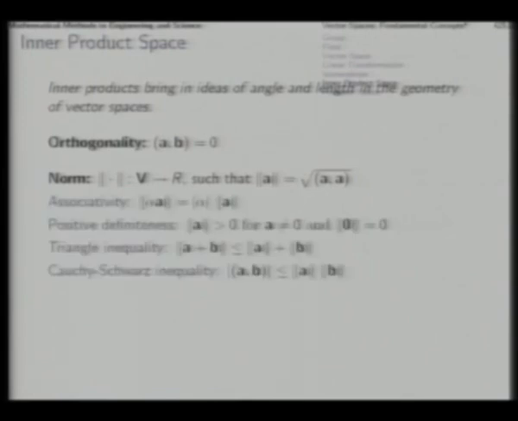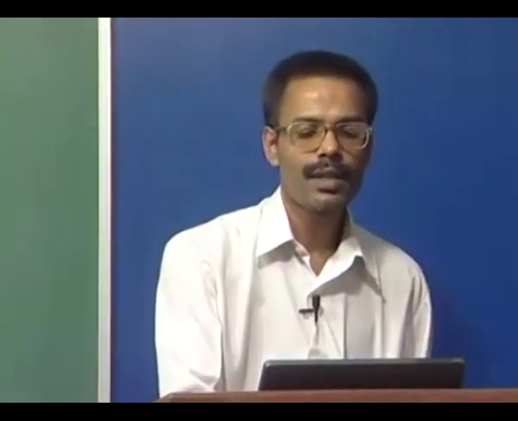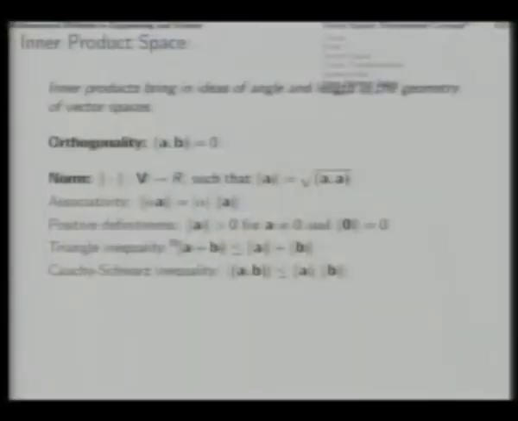And you will find these are some properties of the inner product and norm taken together. Homogeneity, that is, the norm of alpha times a vector is mod alpha times the norm of the original vector, and so on. Positive definiteness, which we have already seen. These are two important inequalities.